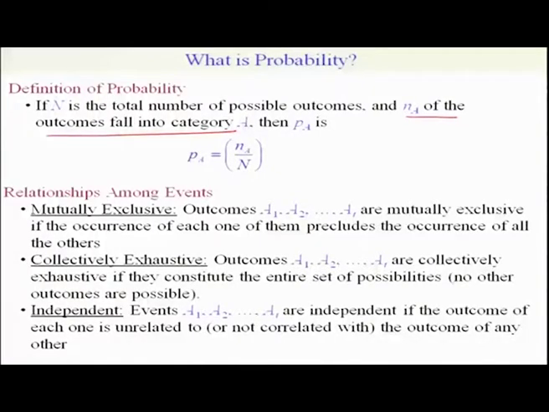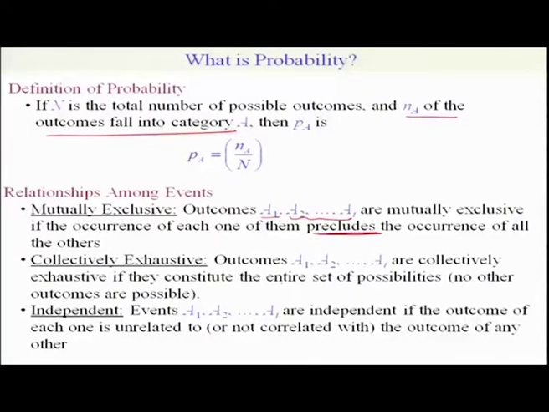What does that mean? It means that if A1 occurs, then none of the outcomes 2 till T can occur. Okay. So, once A1 is there, that means this is the only possible one, that means the others cannot occur at all. That is what the word precludes means.